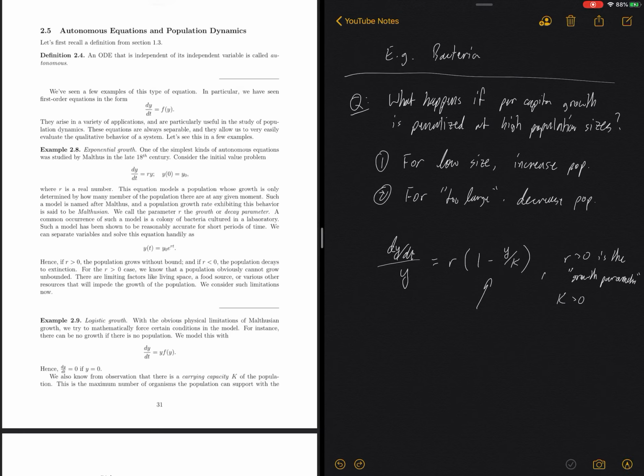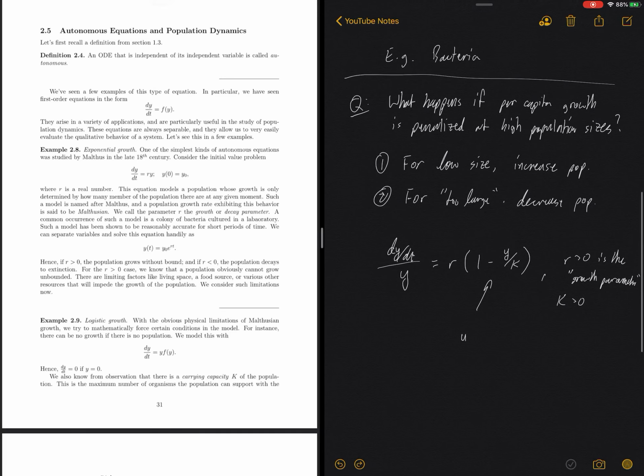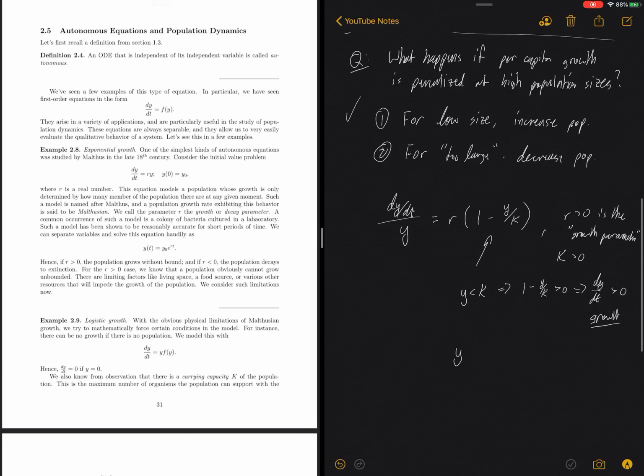And k, on the other hand, notice what happens with k. This term, the thing in the parentheses, is what's dictating whether or not this population grows or dies. If y is less than k, then 1 minus y over k is greater than 0, which means dy/dt is greater than 0.